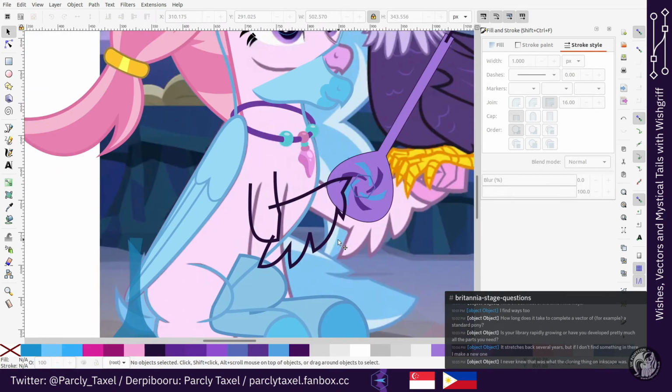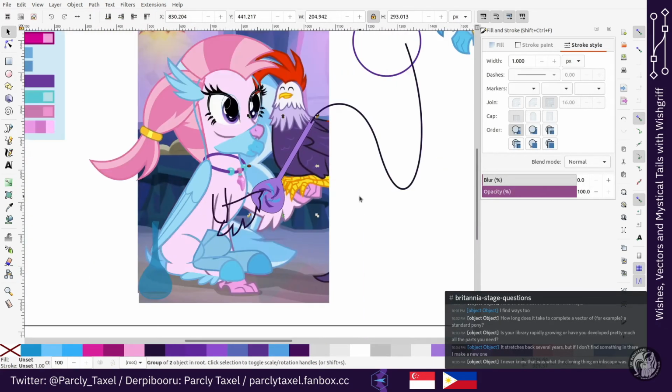Okay, now what? This is the bottle. This is Pocket's bottle itself. This is Whisker's bottle.